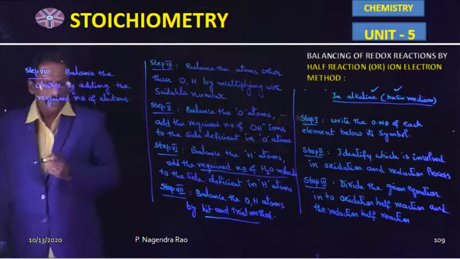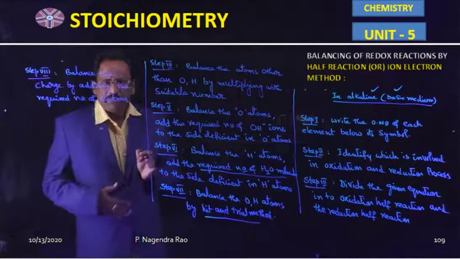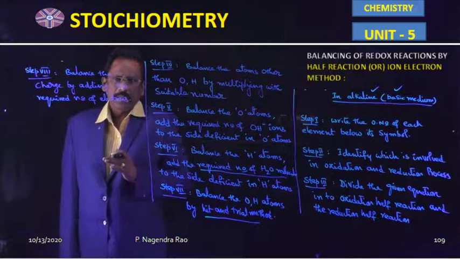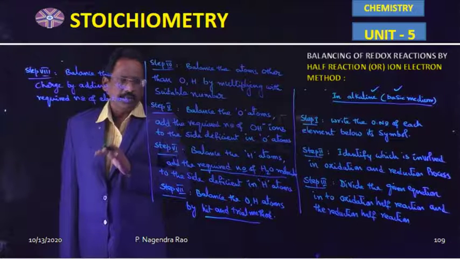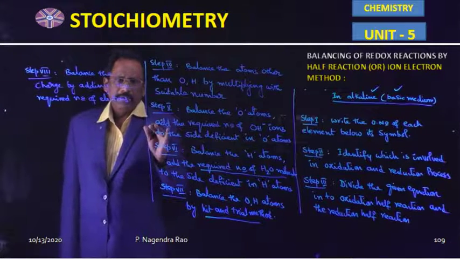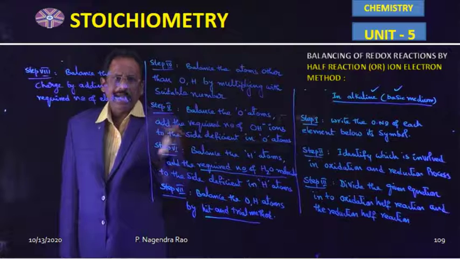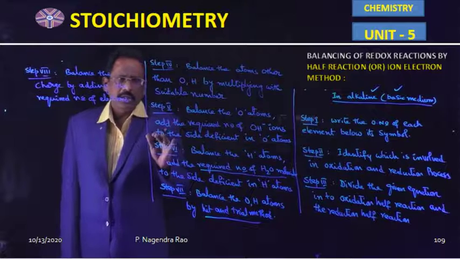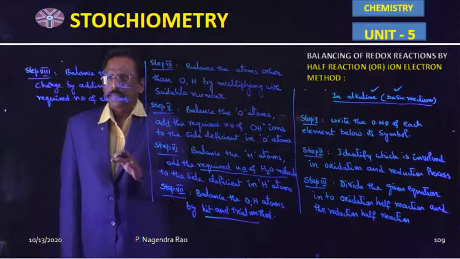That means the required number of electrons are added to the product side in oxidation half reaction. Required number of electrons are added to the reactant side in the reduction half reaction.